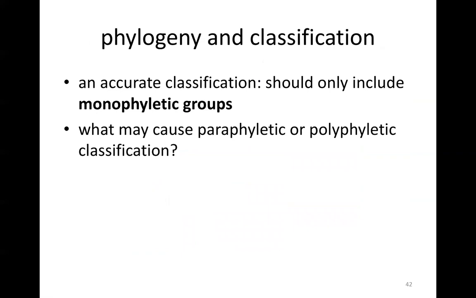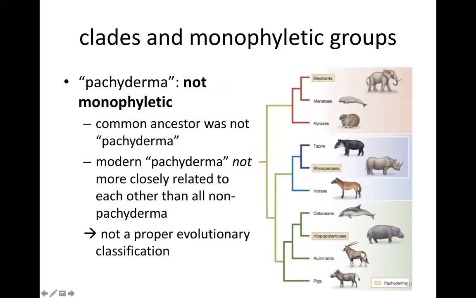An accurate evolutionary classification, a phylogenetic classification, should only include monophyletic groups, and thus to identify such groups, we also need to construct reliable phylogenies. What may cause paraphyletic or polyphyletic classification? What caused people, earlier in the past when such phylogenies weren't available, to group together hippopotami, rhinoceri, and elephants?